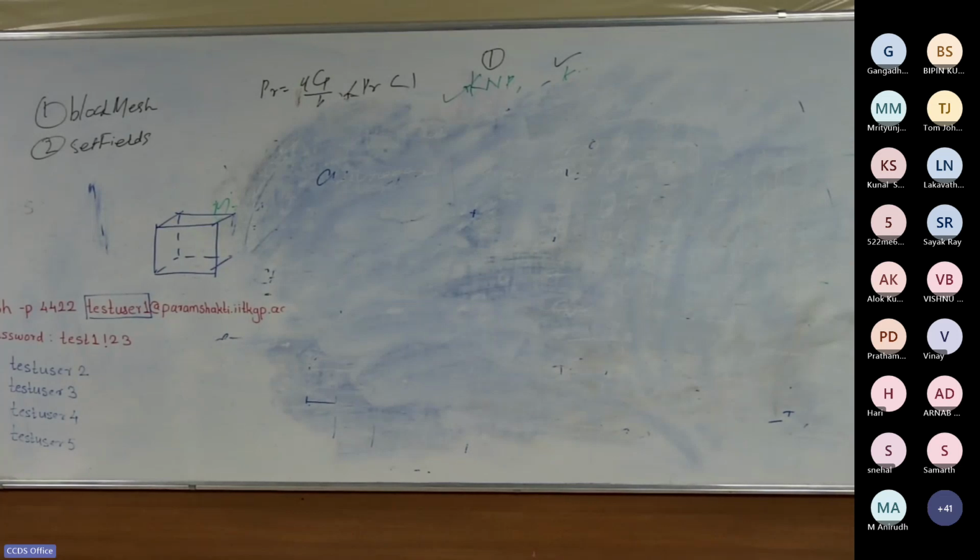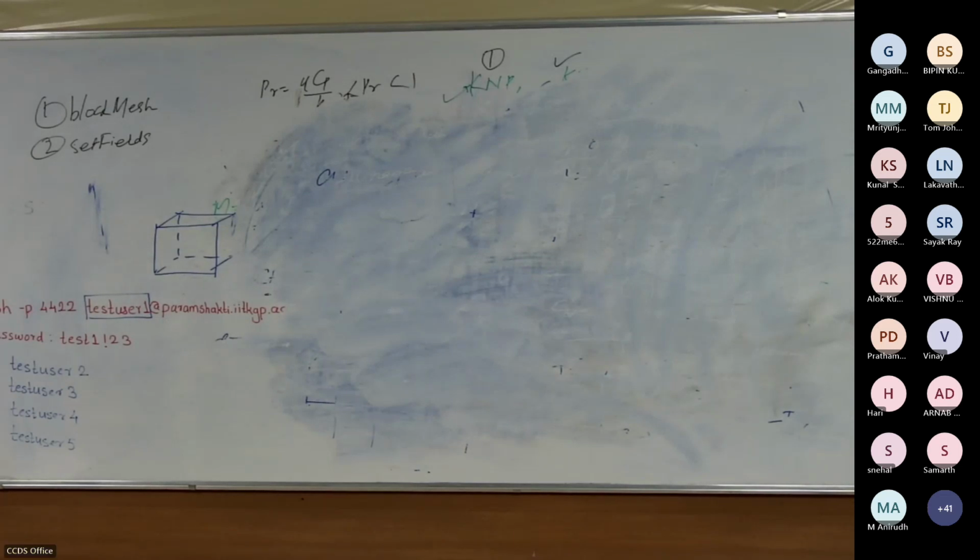Okay. First we'll look at the interFoam solver. So actually, all the materials are there in the test user one folder.